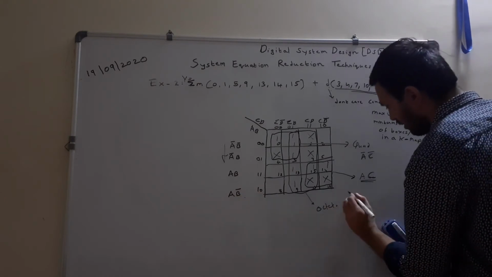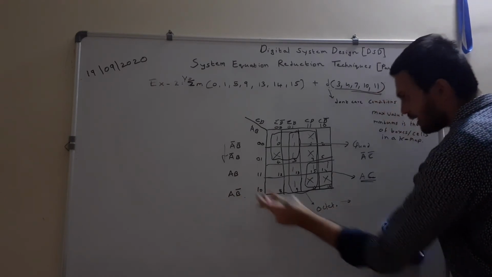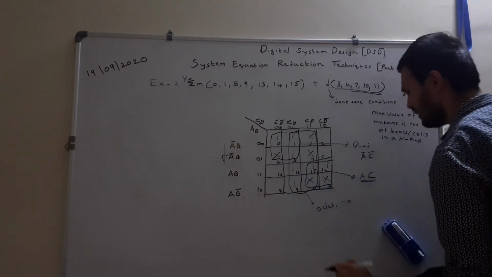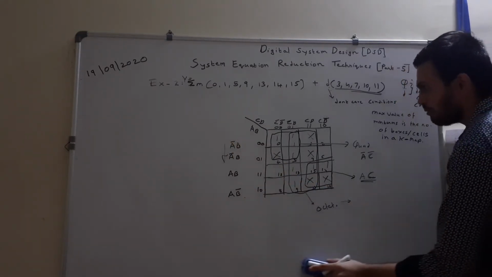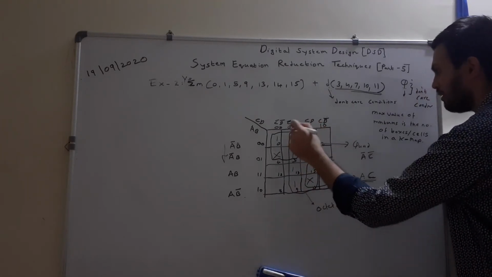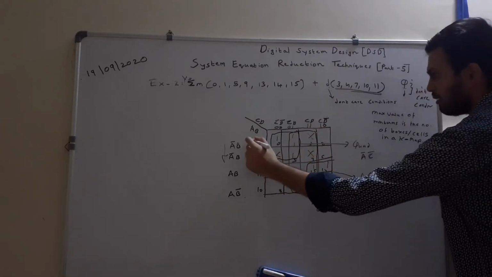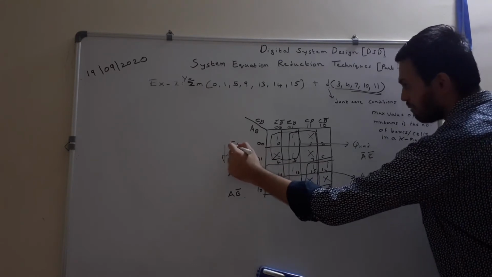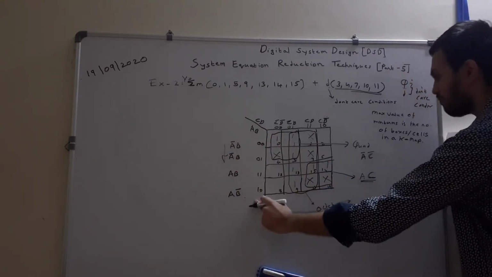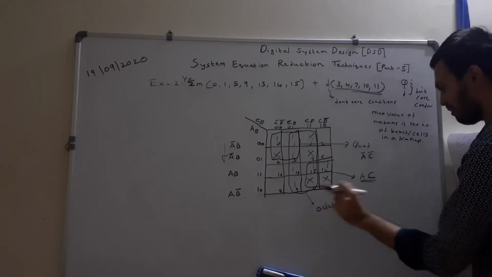In our final term we will not get any of these row values, because every variable is changing, and whatever is changing we do not include in our output. No value is carried forward from the rows for this octet.